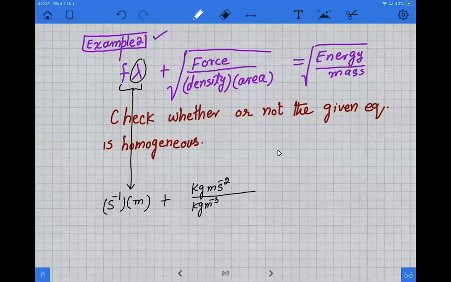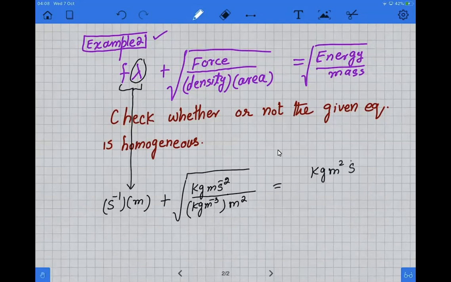Writing it as meter power minus 3 is better because you should not write a fraction in fraction. So when you have fractions, avoid writing numerator and denominators with fractions. Calculation becomes complicated. That is the problem. If you write a fraction in the numerator or a denominator, then fraction with fractions become difficult to solve.